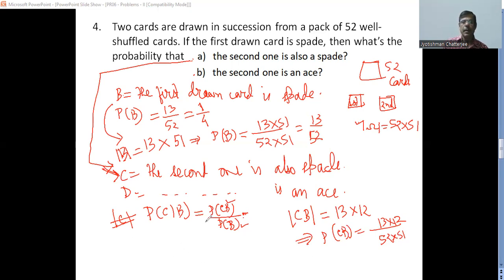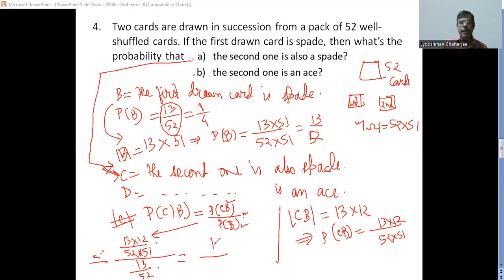Now, the probability of B is 13 by 52, and the 13 by 52 factor is common in numerator as well as denominator.